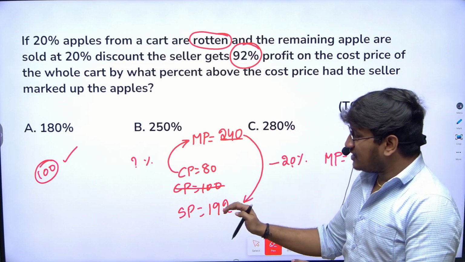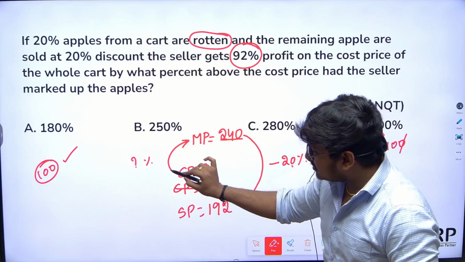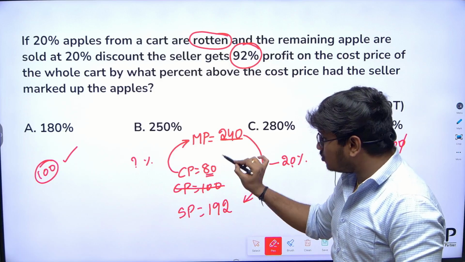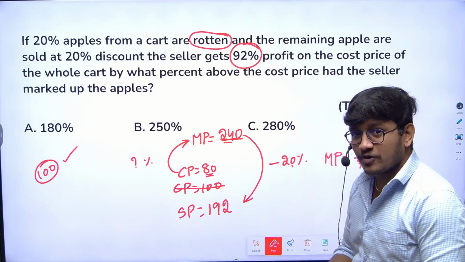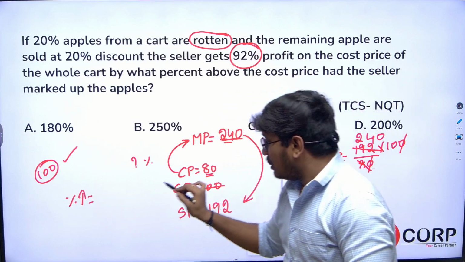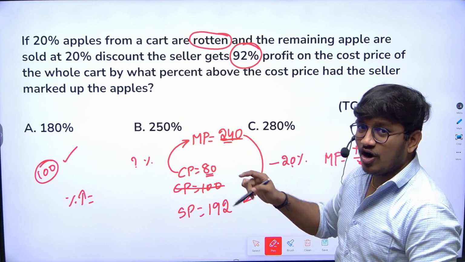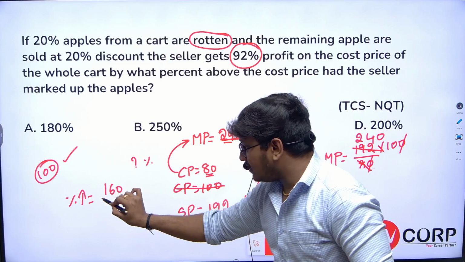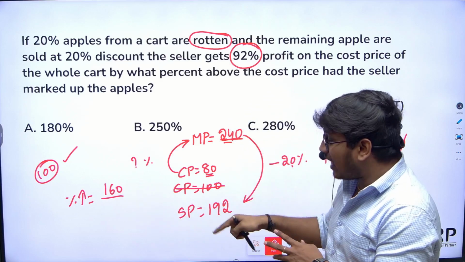Now they are asking us to find, from cost price, how much percentage got increased from 80 rupees to 240 rupees. Percentage increase is equal to the difference, from 80 to 240, which is 160, divided by the value from which it is getting increased.